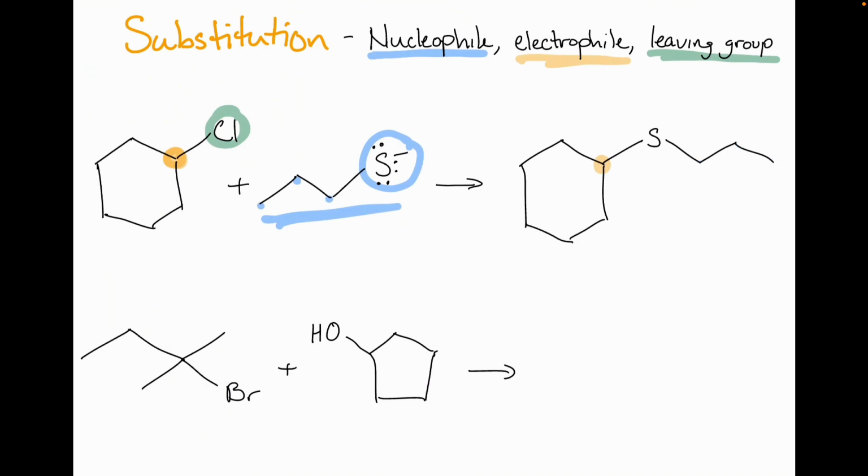Because that sulfur has a negative charge, we broke these into two categories. This would be a negatively charged nucleophile. Again, that negative charge is just being replaced with a new bond.